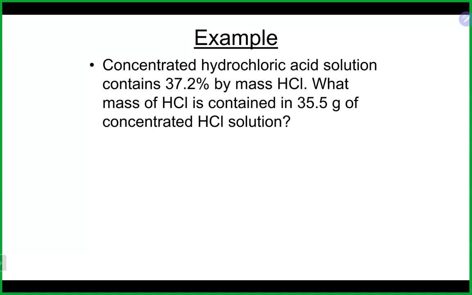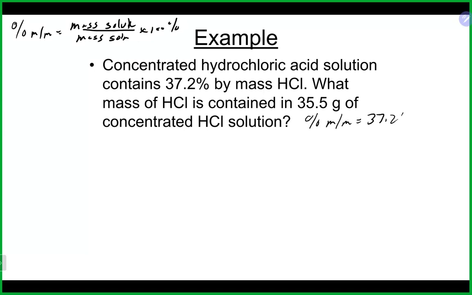Okay, let's take a look. Obviously we're dealing with percent mass to mass, so we could use our formula: the mass of our solute divided by the mass of the solution times 100%. We are given the percent mass to mass, which is 37.2%.